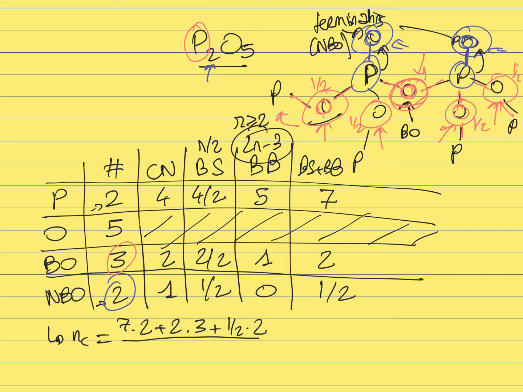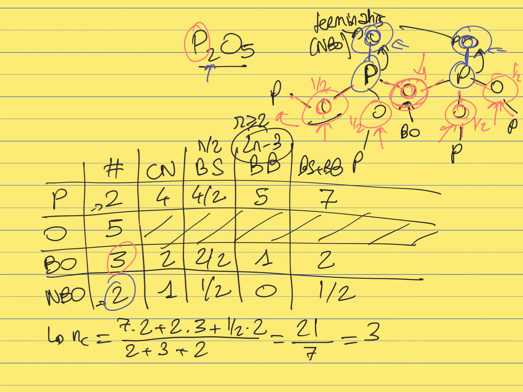Now we need to divide by the total number of atoms to get the number of constraints per atom. So we have 2 phosphorus, 3 BO, 2 NBO. That gives us 7 times 2, 14, plus 6, so 20, plus 1, so 21 constraints per formula unit. We need to divide by the number of atoms, which is 2 plus 3, 5, plus 2, 7. So you have 21 divided by 7.